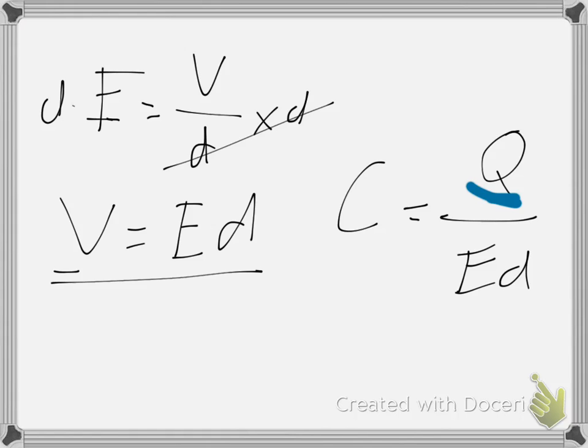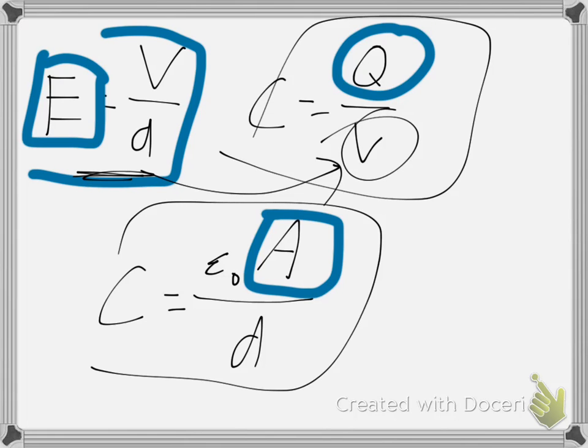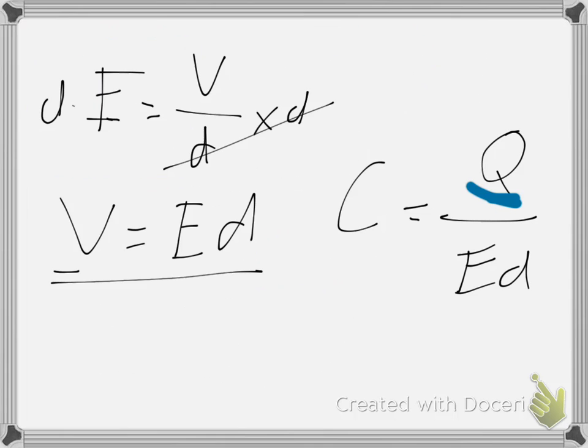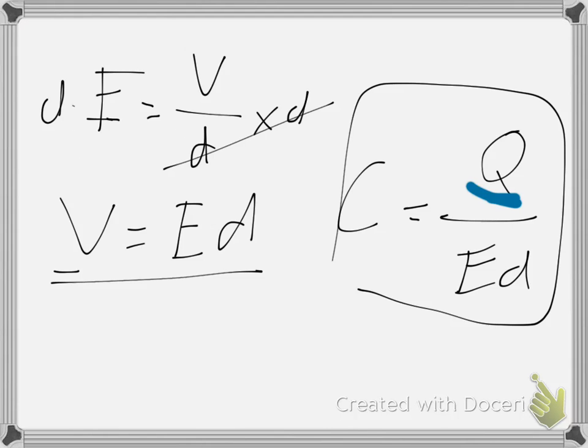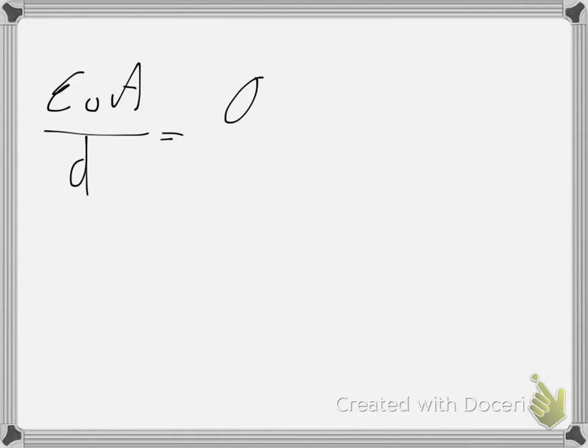Now, we can use our third equation, epsilon naught A over D, which equals C, because they're both equal to the capacitance of a parallel plate capacitor. So that tells me that epsilon naught A over D, my third equation, is going to be equal to the new equation I just created, which is Q over ED.